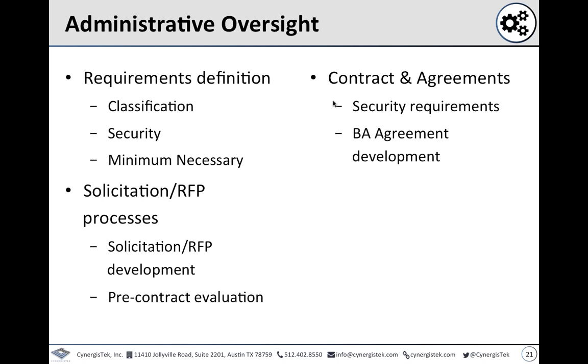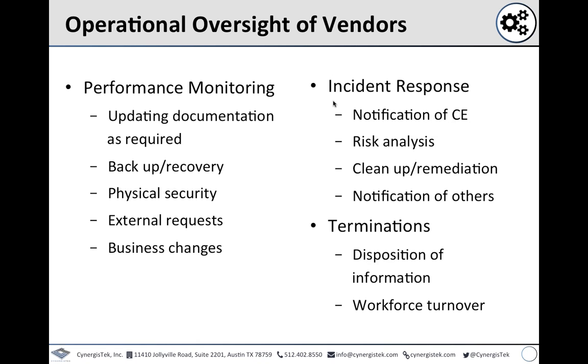In the master agreement and in the business associate agreement that's being proposed, make sure that all of the requirements and safeguards that are set out in the HIPAA privacy and security rules have been incorporated as a part of the agreement with the vendor or contractor.